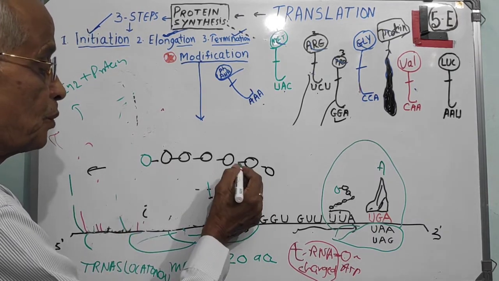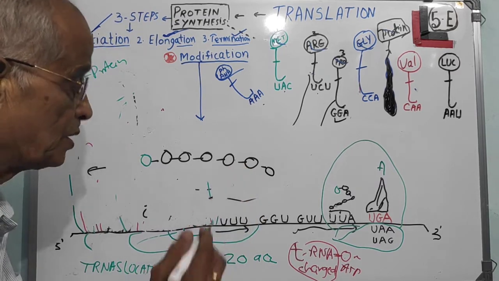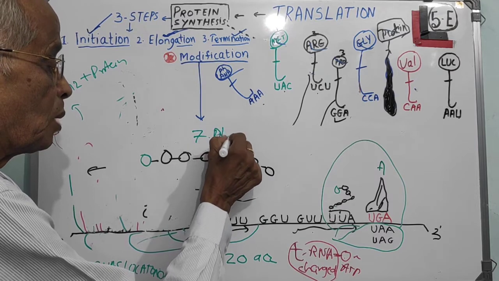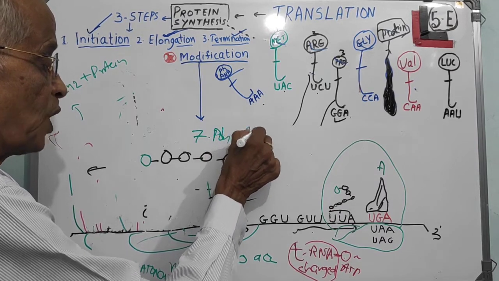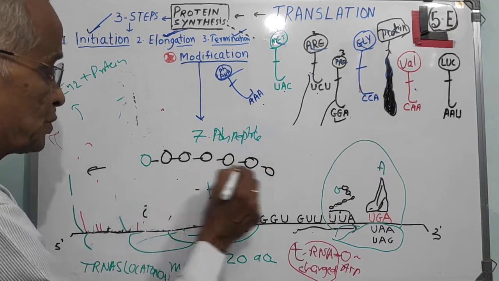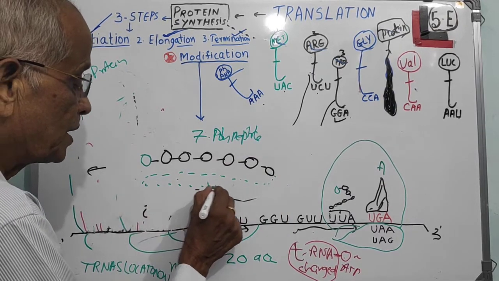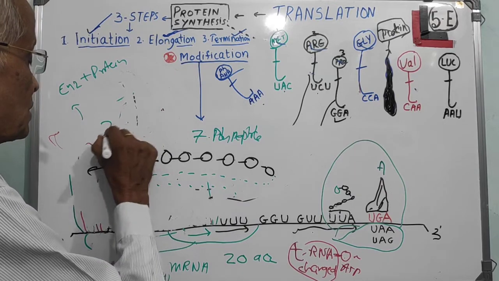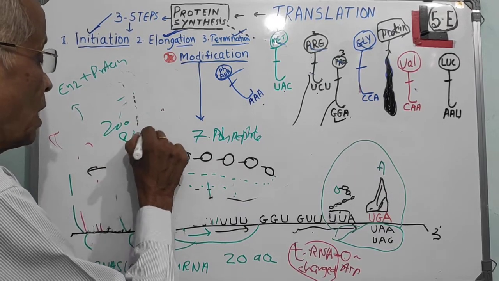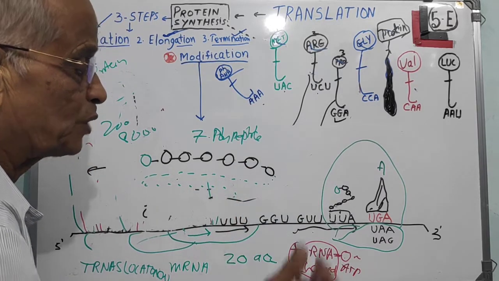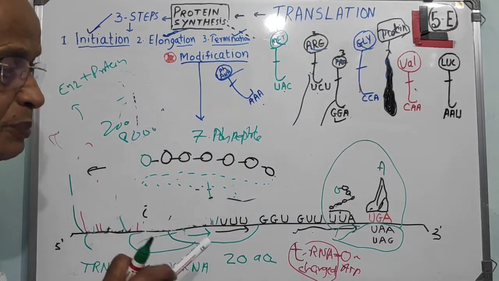That is a long chain of 7 amino acid polypeptide chain that has formed. Like this, you may add at least 100, 200, 300, 600 or 2000 or 8000 or 10,000 amino acid molecules, and then that will be called a polypeptide chain.